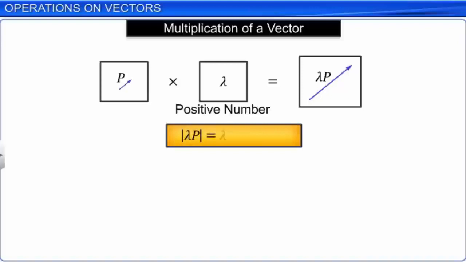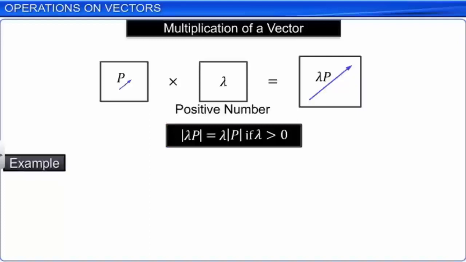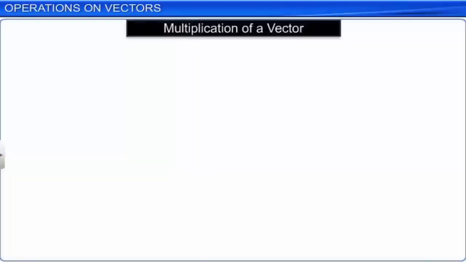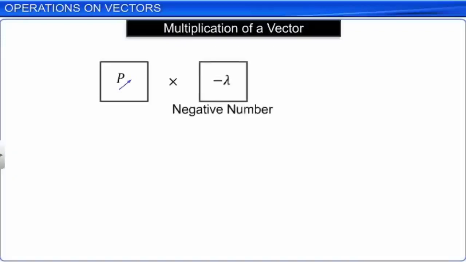For example, when p is multiplied by 4, the resultant vector is 4p, whose magnitude is 4 times that of mod p. On the other hand, when you multiply a vector p with a negative number, lambda, you get vector minus lambda p, whose direction is opposite to the direction of p, and its magnitude is minus lambda times that of mod p.